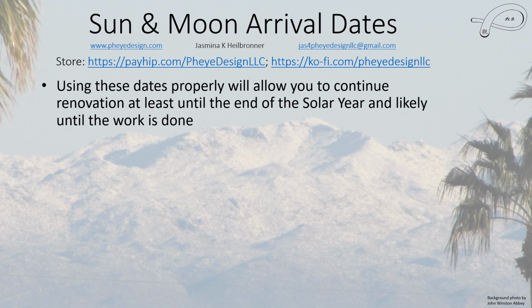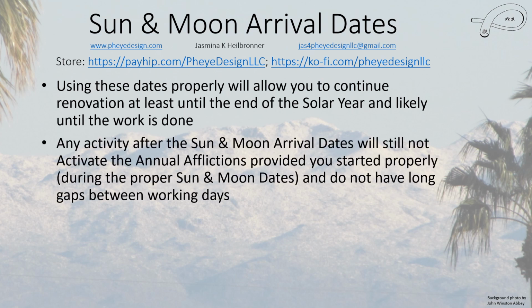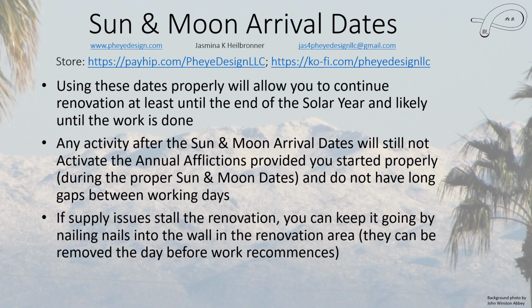It doesn't matter. It's like you're doing construction in an area that does not have an annual affliction, where you don't have to worry about the sun and moon arrival dates. So any activity that happens after the window has gone, you still are protected as long as you started it properly and don't have large gaps between working days.